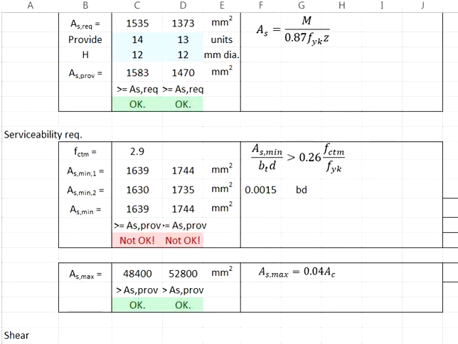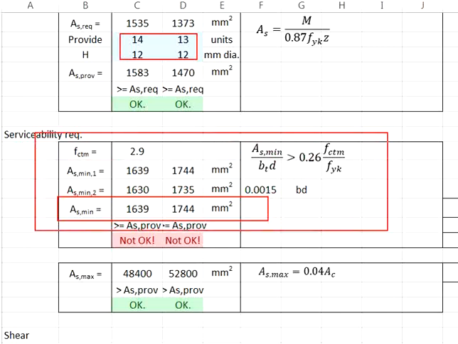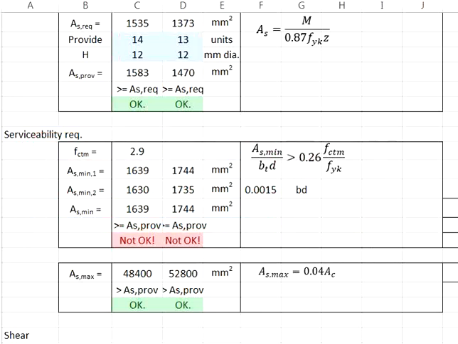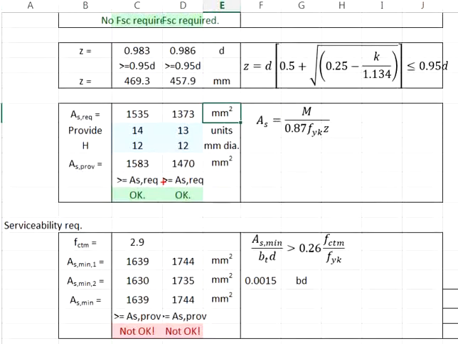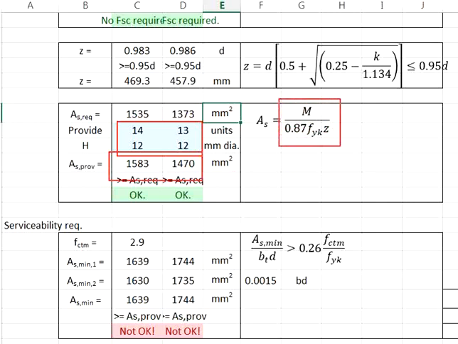As you can see here, the proposed amount of reinforcement bar is insufficient based on the requirements for the As minimum. The purpose of As minimum is to control cracking. This means that the proposed amount of reinforcement bar, although it is sufficient to take the moment, is not sufficient to control cracking.